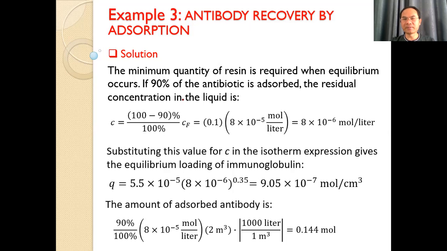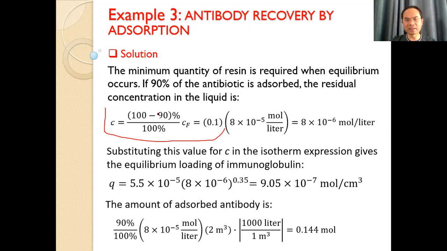If 90% recovery of antibody is adsorbed, what does it mean? 90% of immunoglobulin G in solution is transferred to the solid surface, and only 10% remains in the solution. That means the final concentration after adsorption is 10%. 100 minus 90 is 10%.